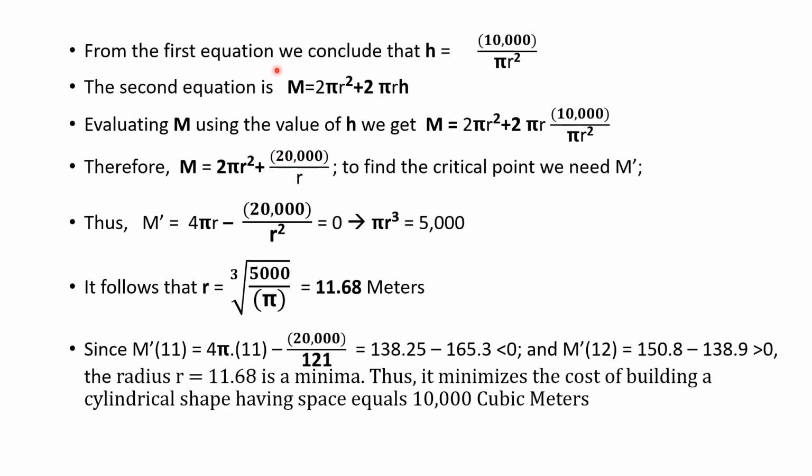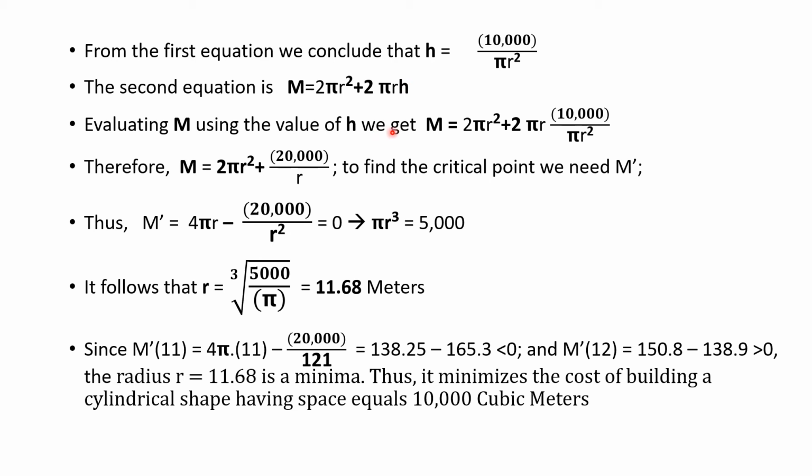From the first equation, we conclude that h equal to 10,000 over pi r square. The second equation is M equal to 2 pi r square plus 2 pi r h. Now we can evaluate M using the value of h. So we plug in the value of h, which is this one, over here instead.